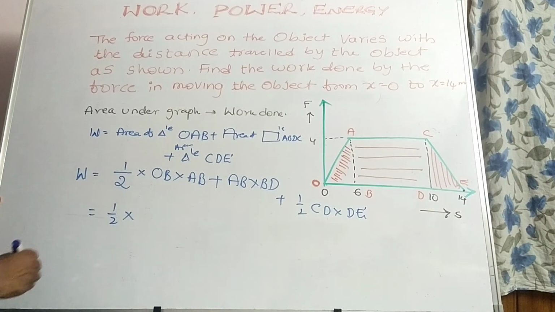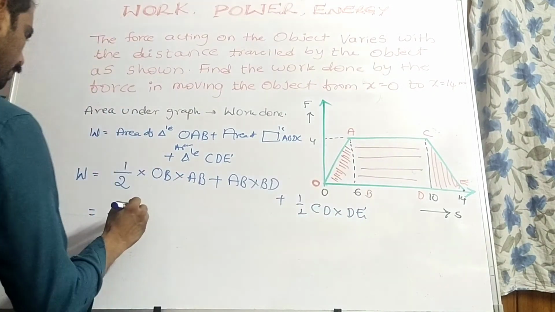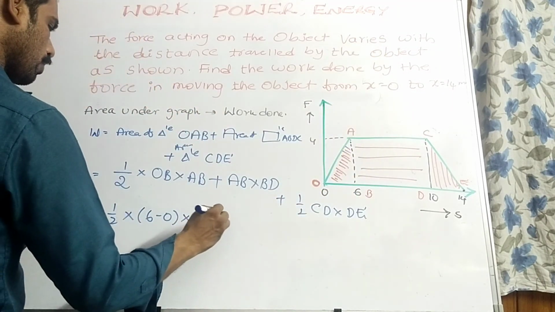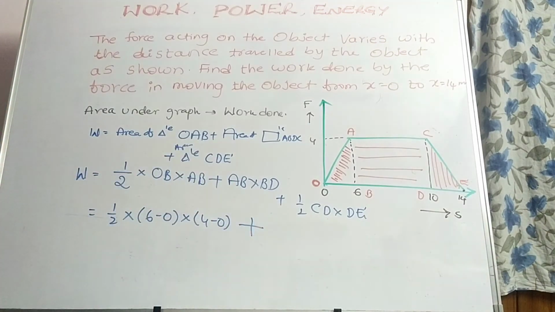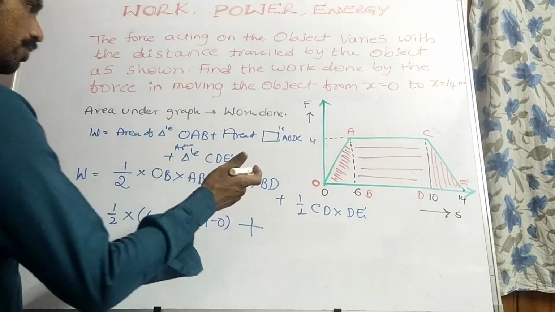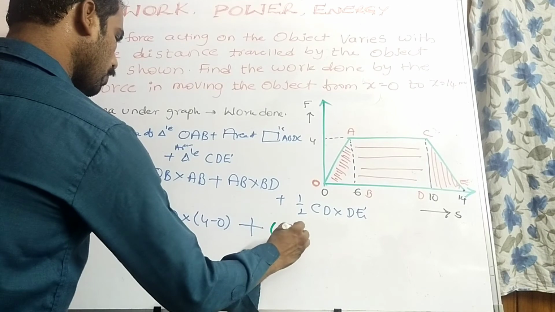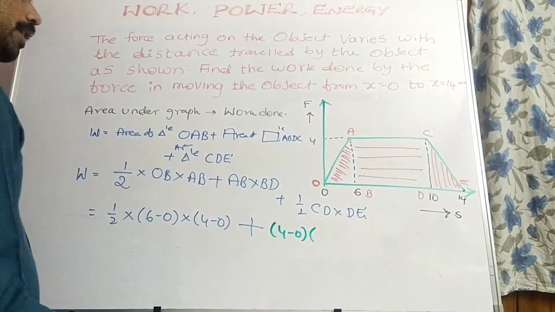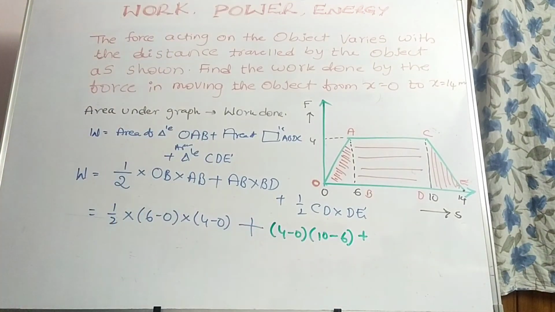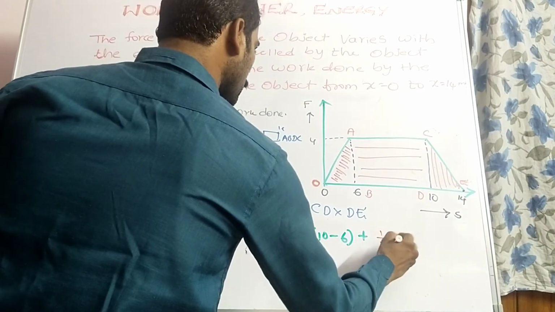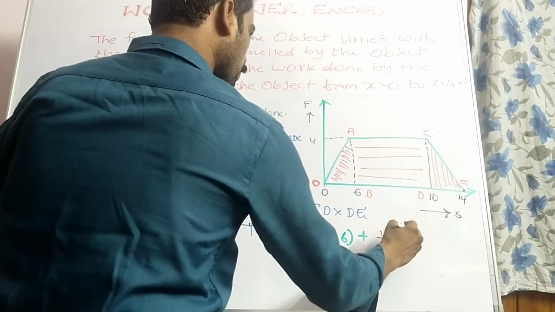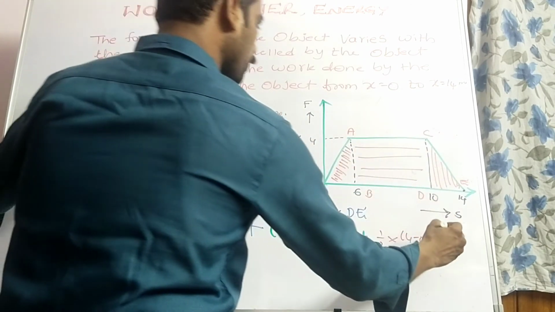That is half into OB, OB is nothing but 6 minus 0, into AB, that is 4 minus 0, plus AB, 4 minus 0, into BD, 10 minus 6, plus half into base DE, but CD is the height, nothing but 4 minus 0, into DE, 14 minus 10.